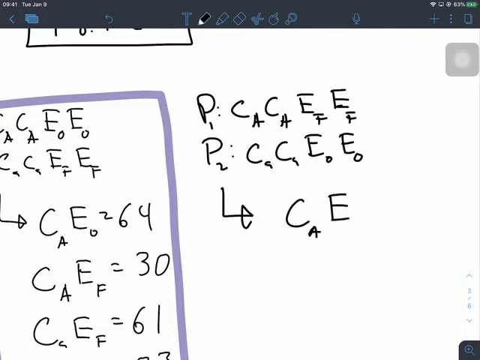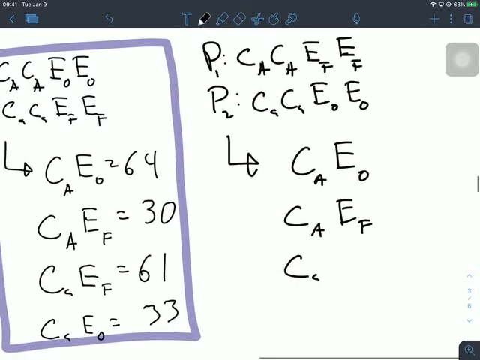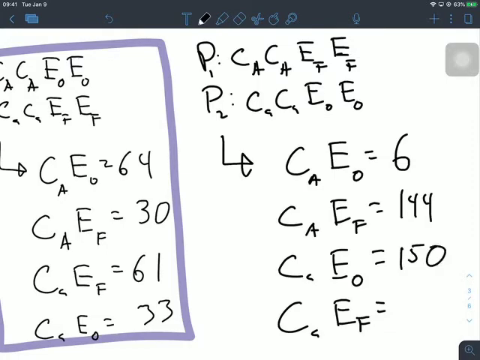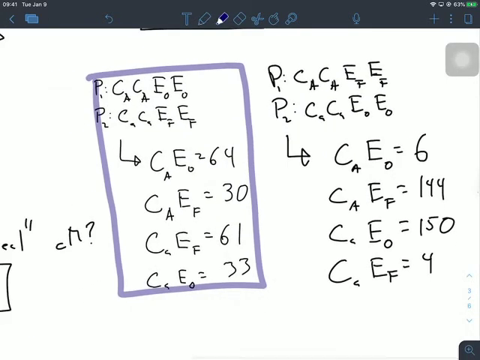CA, EO, CA, EF, CA, EO, CA, EF. And the numbers for this group are 6 of these, 144 of these, 150 of these, and 4 of these. Problem 2, outlined in the green box.